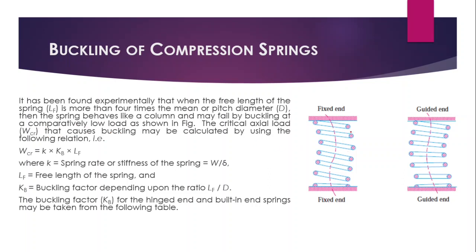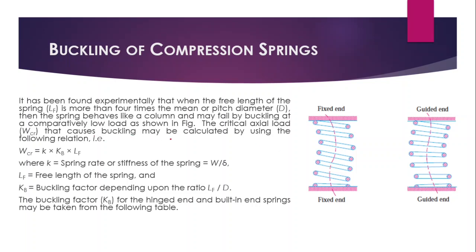This is a fixed end. This is also a fixed end. When the free length of the spring is more than 4 times the mean or pitch diameter, then buckling may occur.